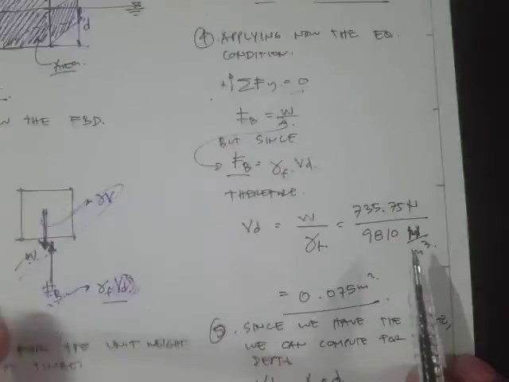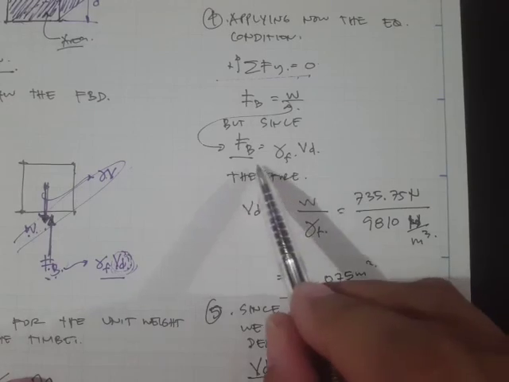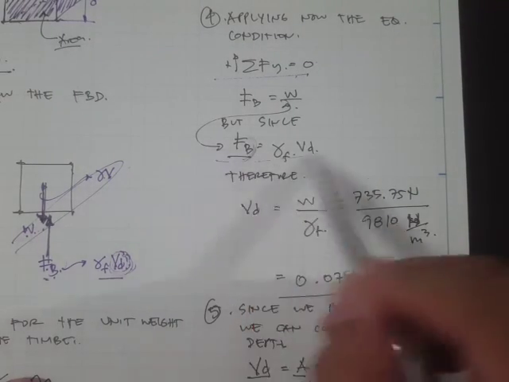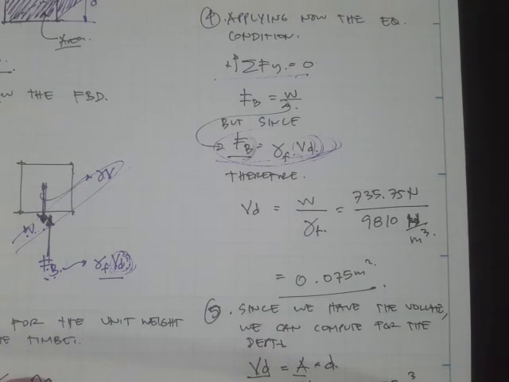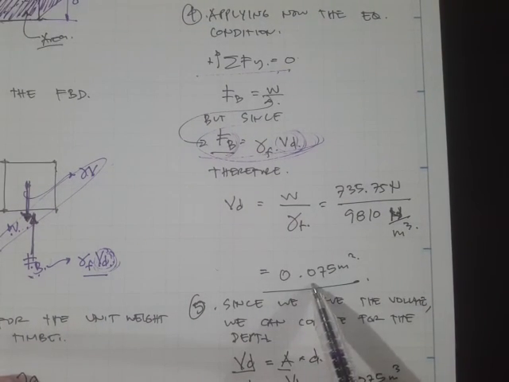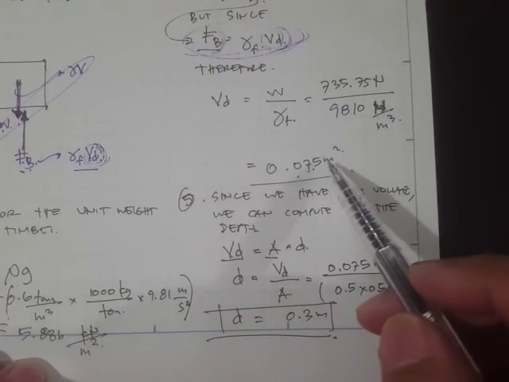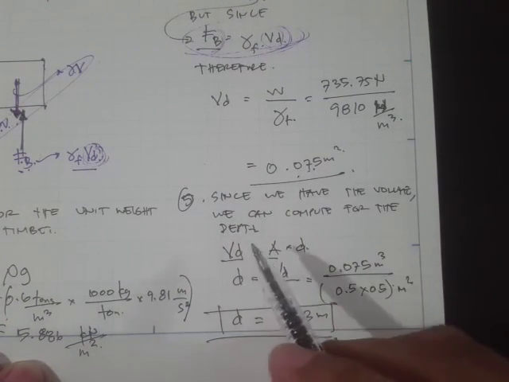Once we solve this, we can apply the equation and solve for the unknown V sub D, which is 0.075. That's our displaced volume, and we are asked to find the depth.